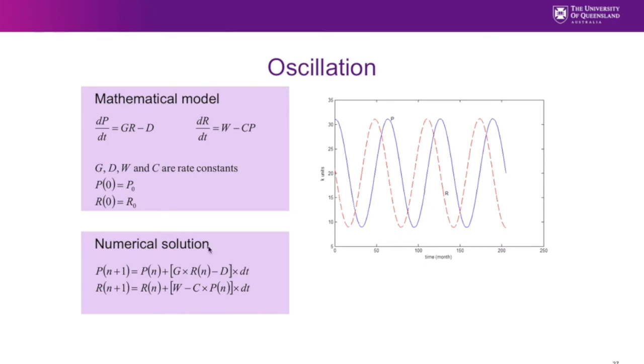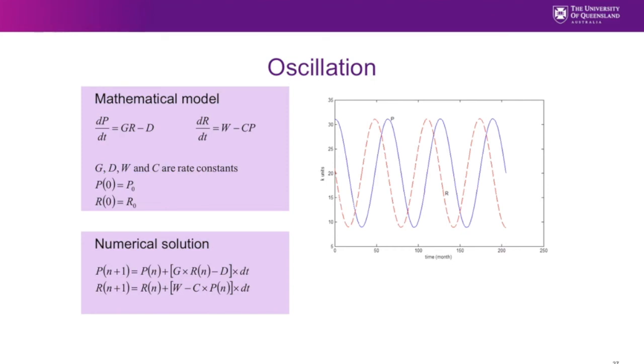Later on, you will see that we're talking here about a numerical solution, and this is the simplest method, which is the Euler method. But later on, we will see that if these rate constants are very different from one another, the Euler method won't be the most ideal one for solving these types of behaviors. So when we have different stocks that have rates at different scales, we may use other types of numerical methods.